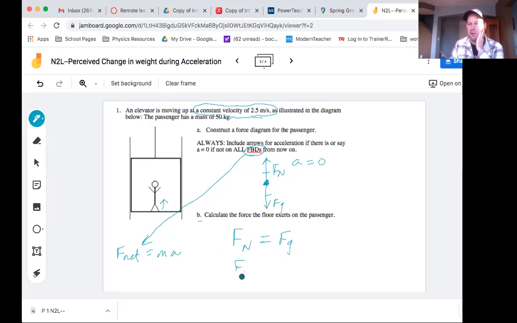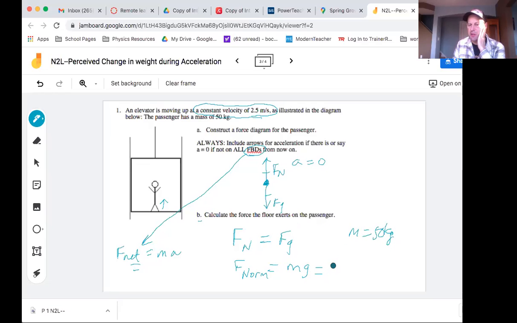So in this case, the force that the floor exerts, I'm going to write norm for normal so we don't confuse it with net and Fn for net. I never will represent a net force by writing Fn, because that would be confusing with normal. If we remember that the force of gravity is mass times g, that 10 for g, it says up there that this person's mass is 50 kilograms.